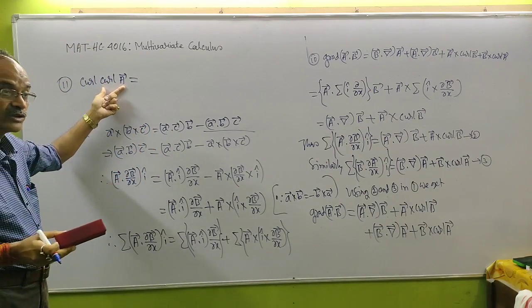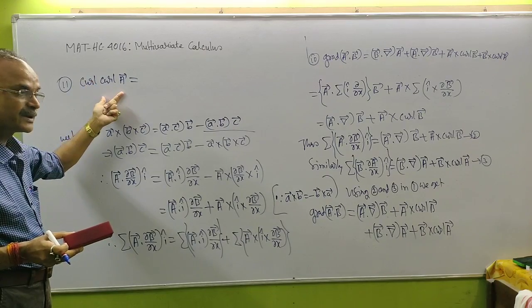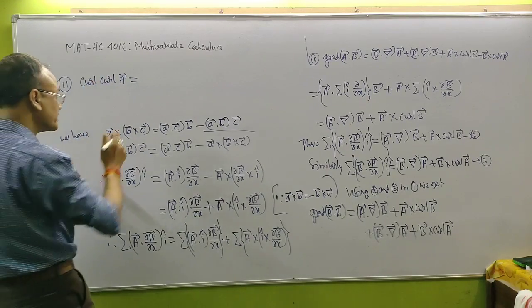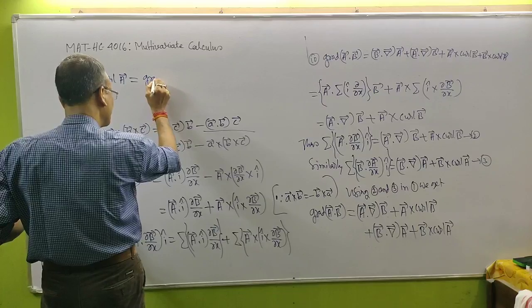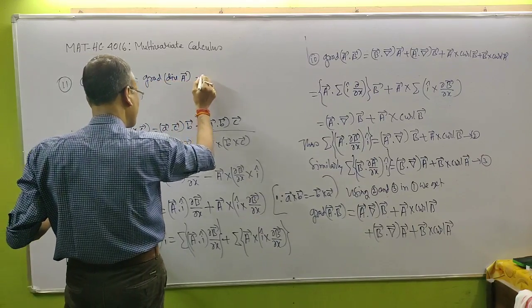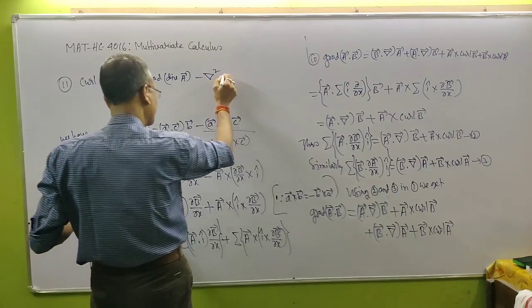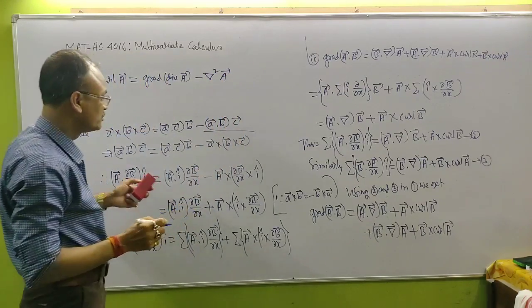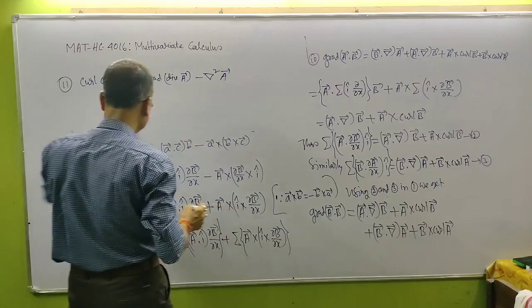Curl of a vector is a vector quantity. Curl of another vector quantity will be again a vector quantity. It will be gradient of divergence of A vector minus del square A vector. You see the Laplacian operator.